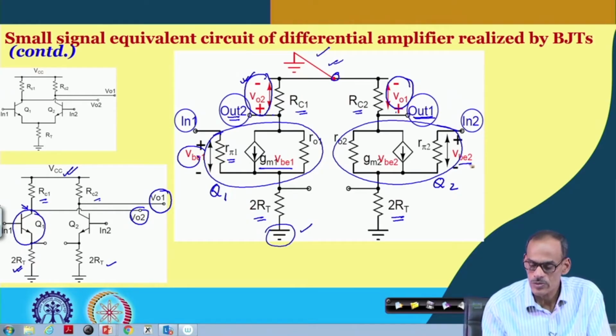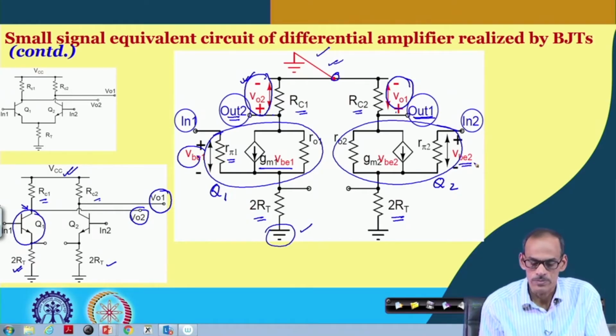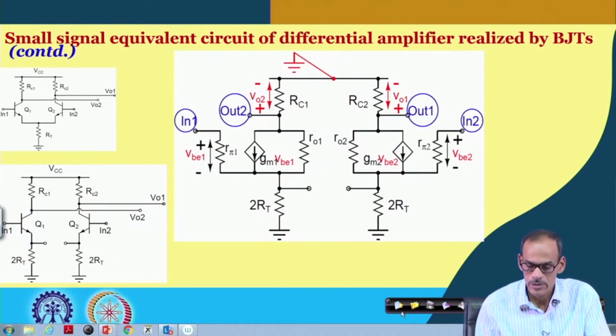Likewise we have here VB 2. So, that is the small signal equivalent circuit, and likewise if we consider the differential amplifier realized by MOSFET transistors, then we will be getting a similar kind of circuit.